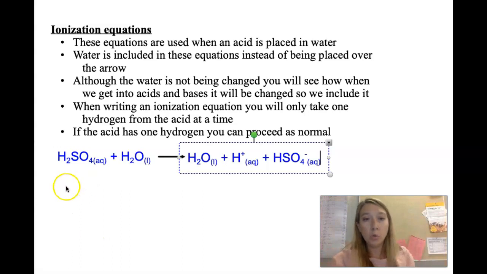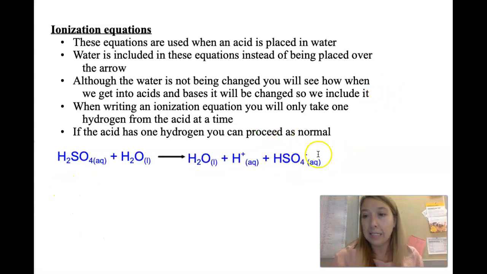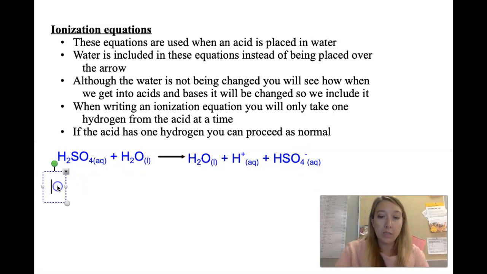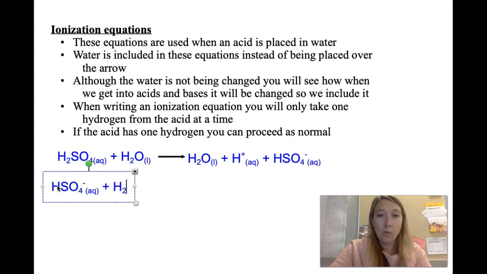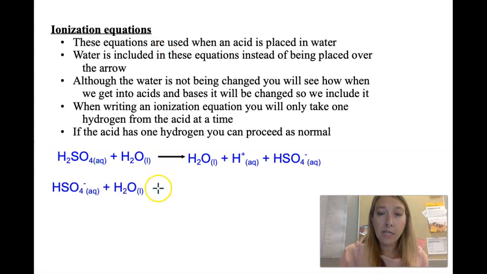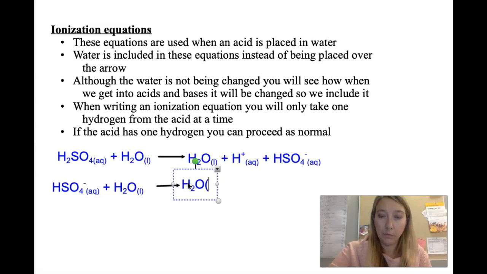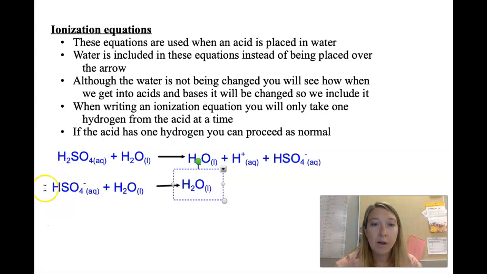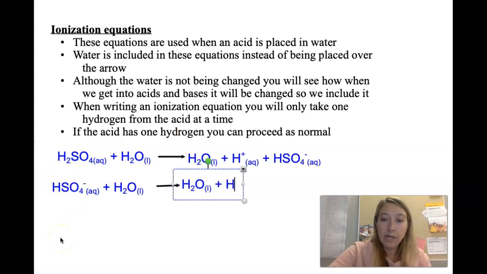Step 2, I'm now going to take this HSO4 minus and start with that. So I have HSO4 minus aqueous, and I am going to react this with water. This is my second step, where I'm taking that second hydrogen off. Product-wise, I'm going to have water, and then I'm going to take the hydrogen off of here, so plus an H plus.